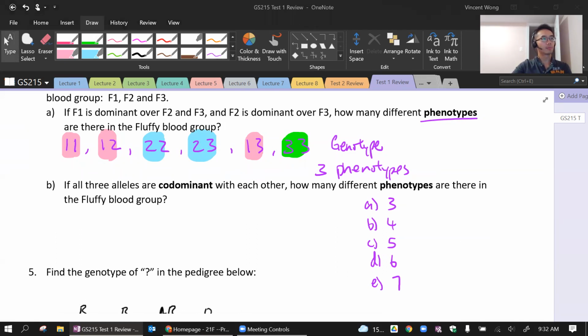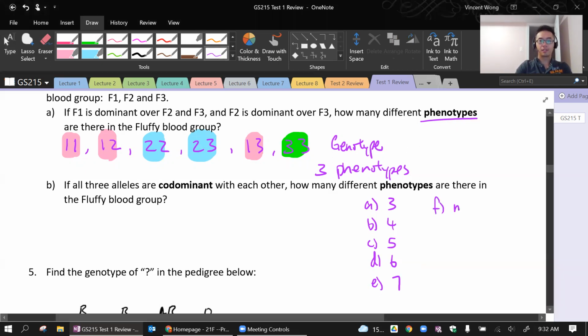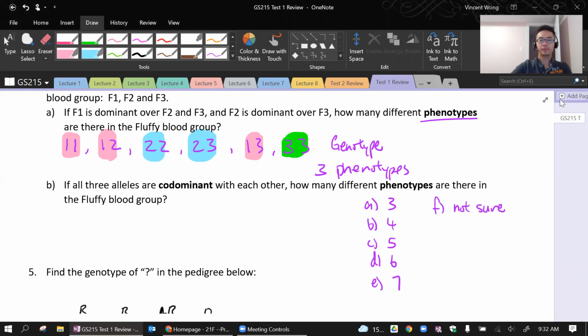This is for part B. If all 3 alleles are codominant, how many different phenotypes are there? And if you're not sure, you can choose F.